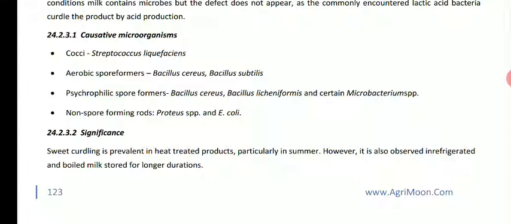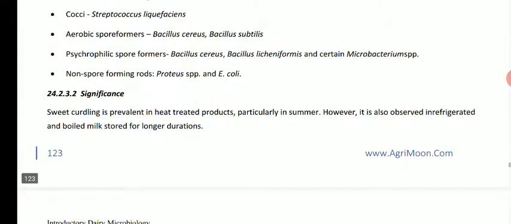Then there are some aerobic spore forming bacteria, including Bacillus cereus and Bacillus subtilis. Then psychrophilic spore formers, including Bacillus cereus, Bacillus licheniformis, and certain Microbacterium species. And there are some non-spore forming rods also that cause curdling, including Proteus species as well as E. coli.